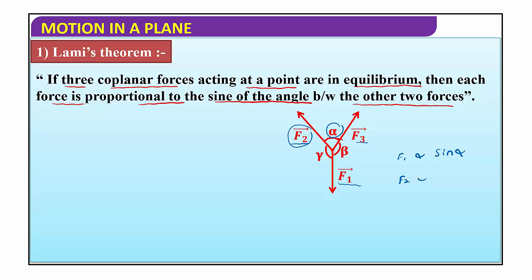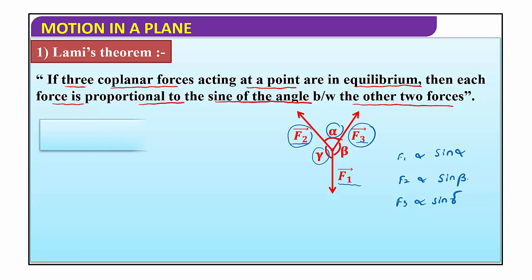F2 is proportional to sine of angle between the other two forces, means F2 opposite is what? Beta. Beta is the angle between F1 and F3. So F2 is proportional to sine beta. Similarly, come to the third one, F3. F3 opposite is what? Gamma. Gamma is the angle between F1 and F2. So F3 is proportional to sine gamma.